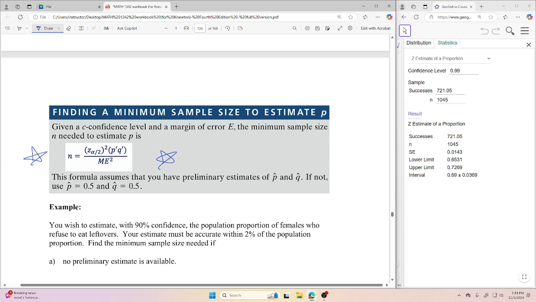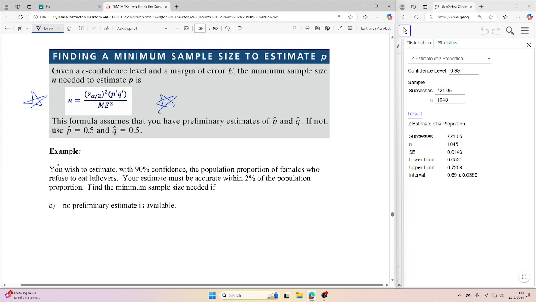Know if all of America X, Y, and Z. Here's a perfect one right here. 90% confident, and you want to know the population proportion of people who refuse to eat leftovers. You want to be within 2% of the actual proportion. How many people do you sample? I want to know with 90% confidence.